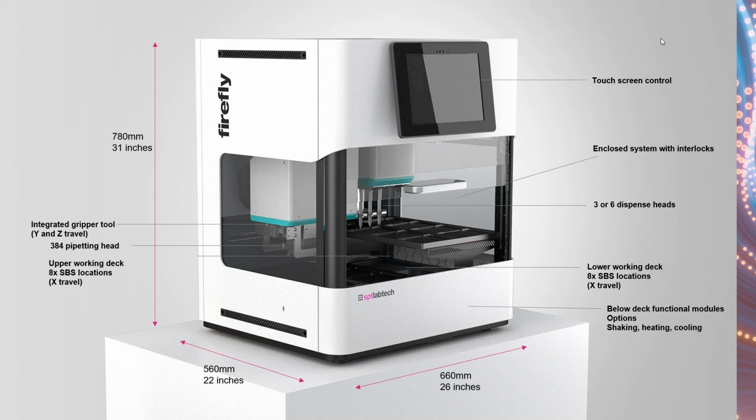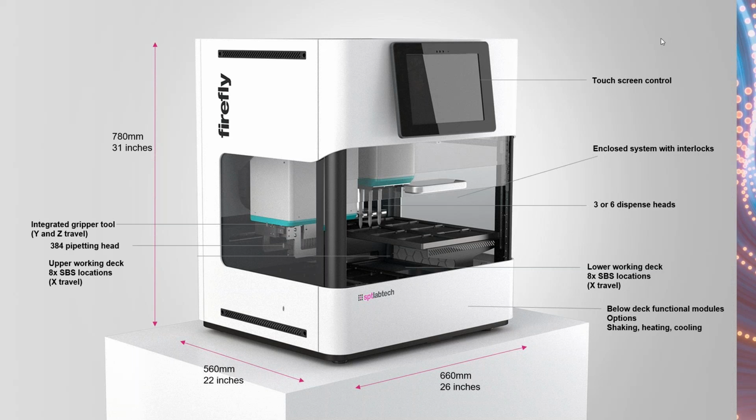There are two decks on the system, and this is why we've got such a compact system. We use the vertical space, so one deck sits over the other deck, so you've got an upper and a lower deck. Each of those has 8 SBS positions, so for 8 microplates or things of the same footprint. And then we also utilize the space below these two decks.